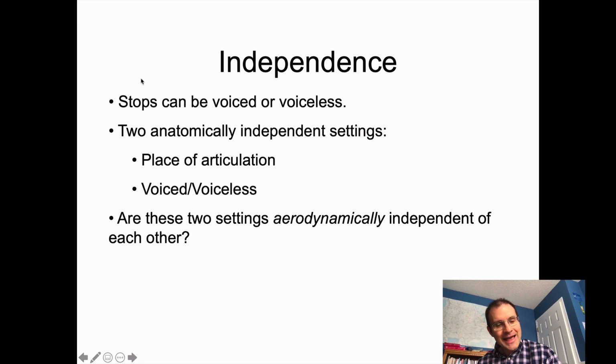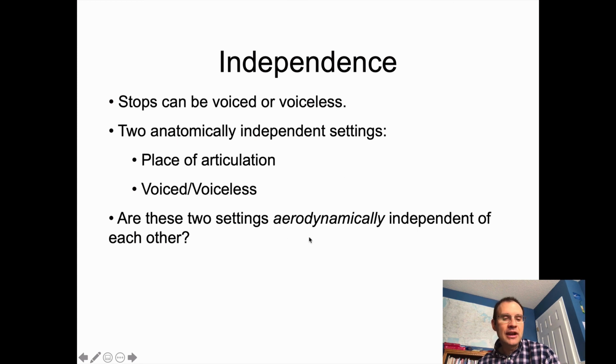The question I want to ask is whether these two articulatory settings are aerodynamically independent of each other. We're doing two different kinds of gestures here. We're making a closure with our articulators above our glottis, and then we're either closing the vocal folds or opening the vocal folds to get voicing or voicelessness. You can do those independently, no problem, with very little interaction between those two gestures.